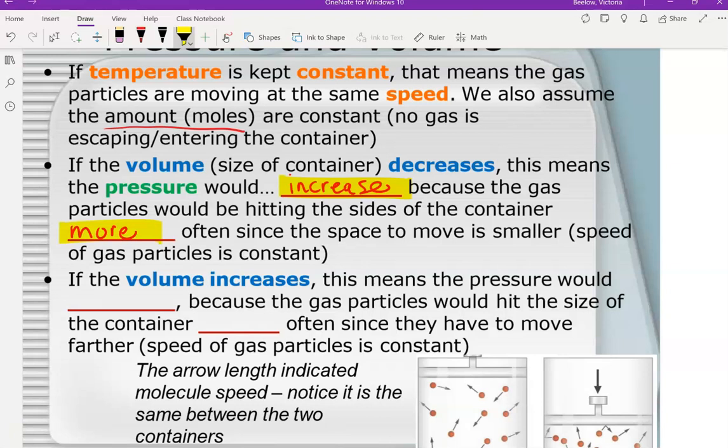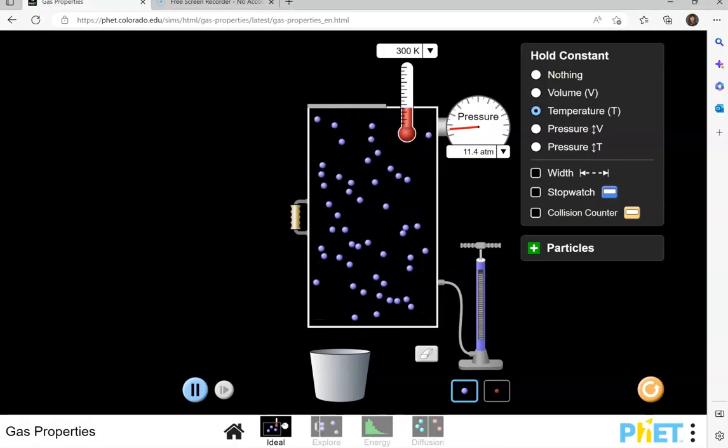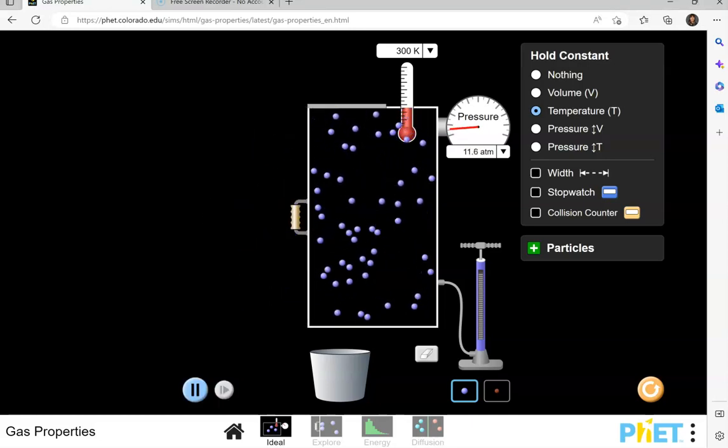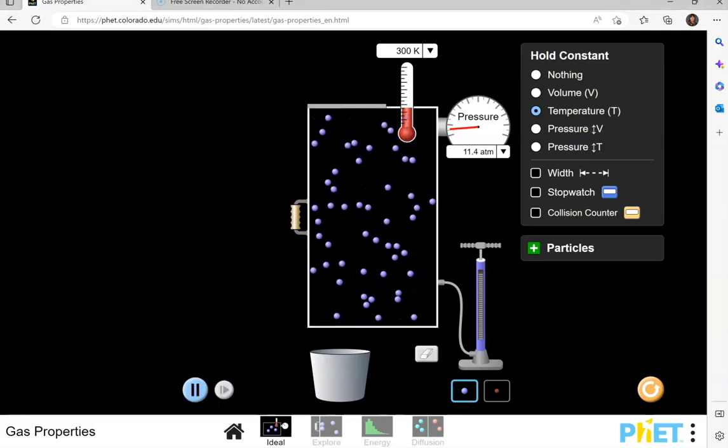Again, the speed of the particles is being kept constant. But if we decrease the volume, they are going to hit the sides of the container more often.